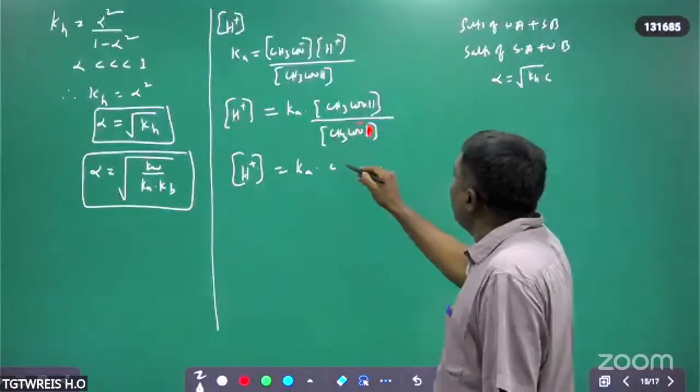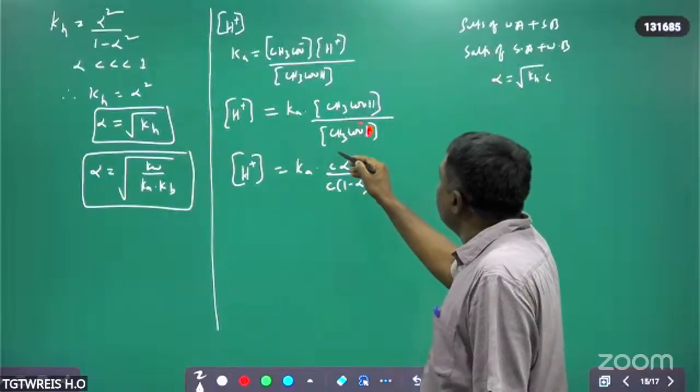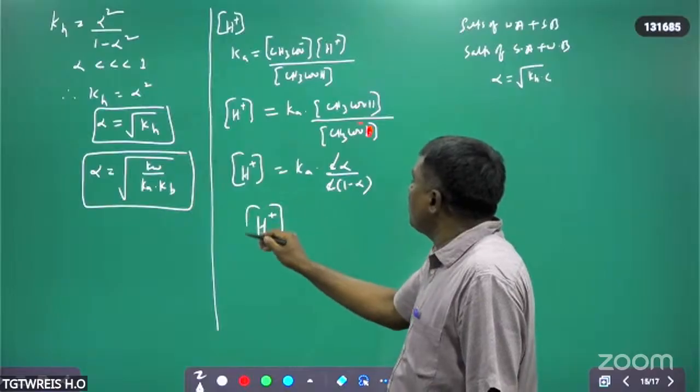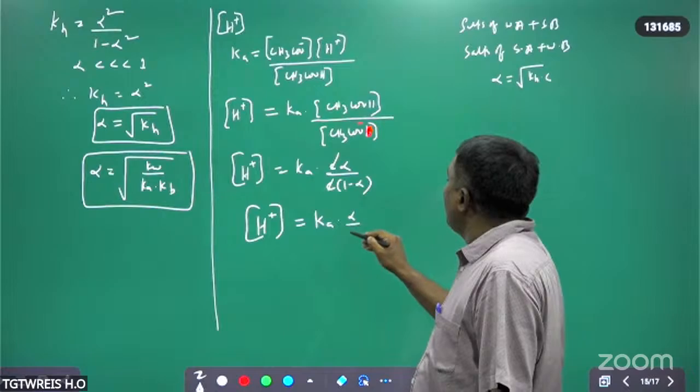So C alpha by C into 1 minus alpha. C gets cancelled. Therefore, H plus ion concentration is equal to Ka into alpha by 1 minus alpha.